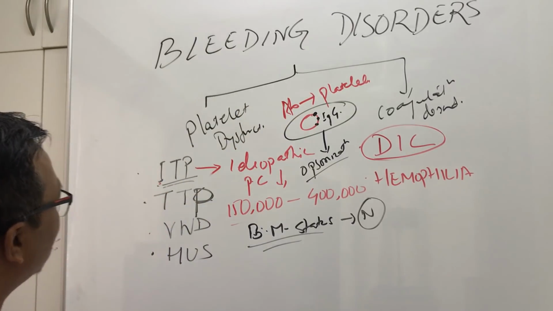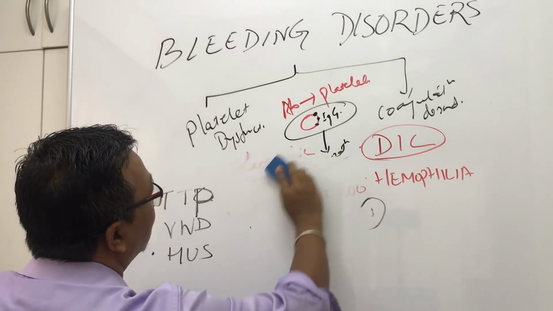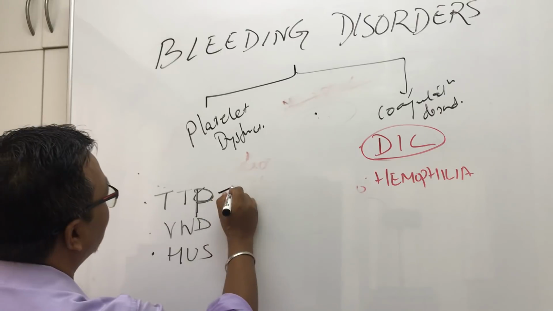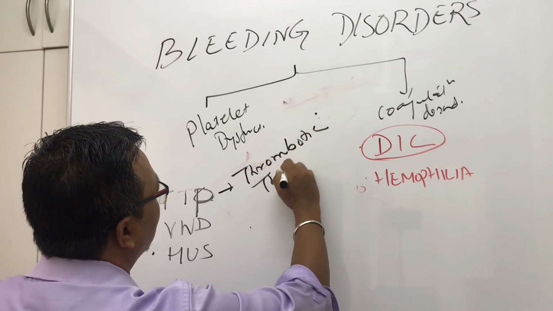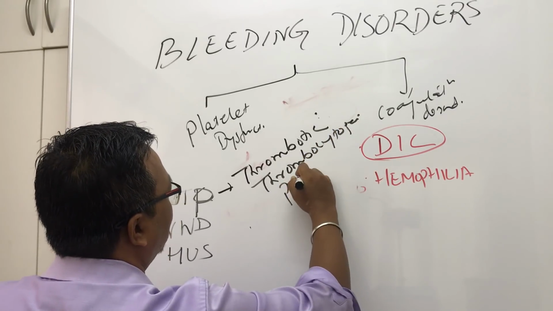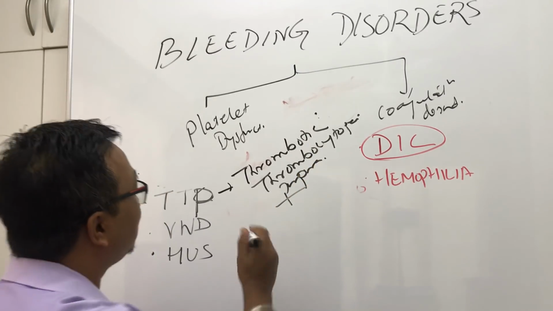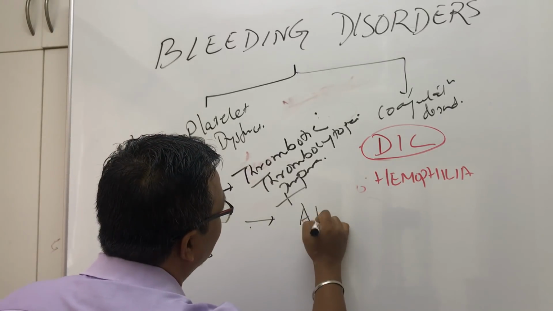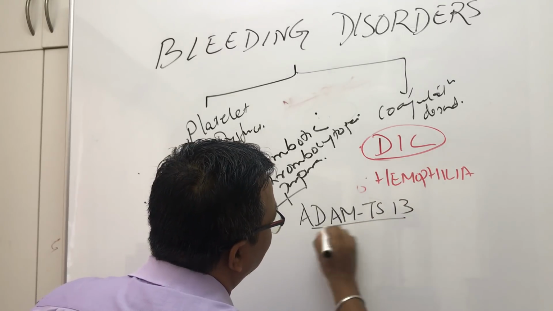Okay. So next, let's move to the next one, that is thrombotic thrombocytopenic purpura. So 50% of cases here are genetic, where there is deficiency of one gene which encodes for one protein, ADAMTS13.